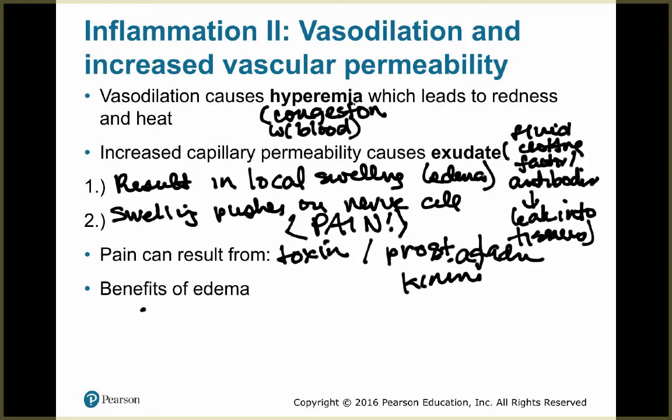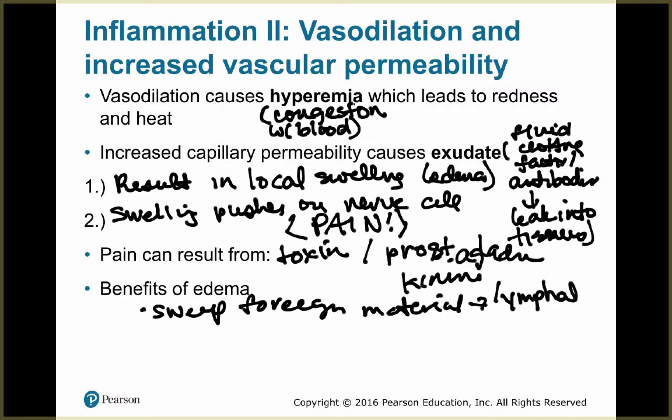So edema is a surge of fluid in tissues. And so it's going to help sweep foreign material away. And basically, it's going to sweep it into the lymphatic system, right? And from the lymphatic system, it's going to go into lymph nodes and be able to be processed.